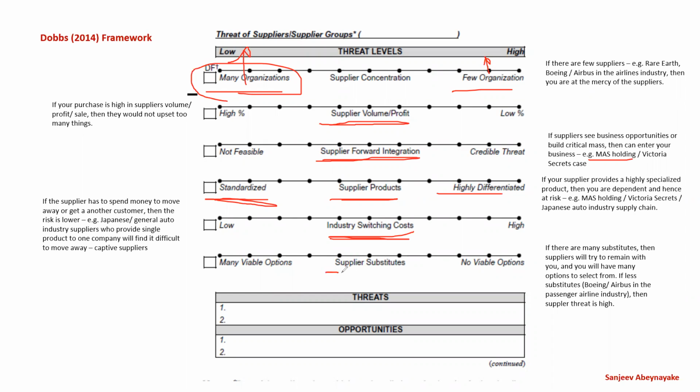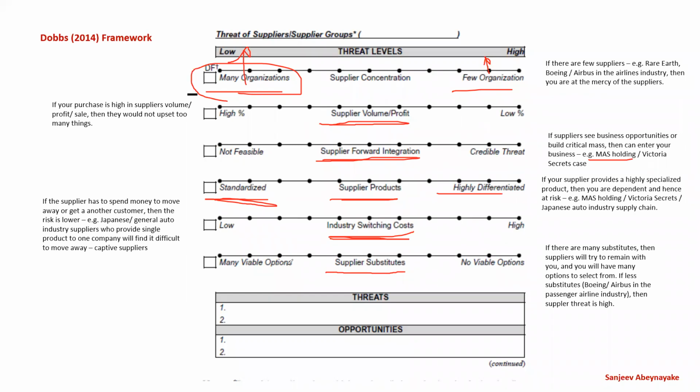And then supplier substitutes, all right? Can you substitute your supplier? What we mean here is not another competitor, but something completely different, a completely different technology or approach. For example, the chocolate industry has something called cocoa butter substitutes. Instead of using actual cocoa butter, you use other oils to make a substitute.